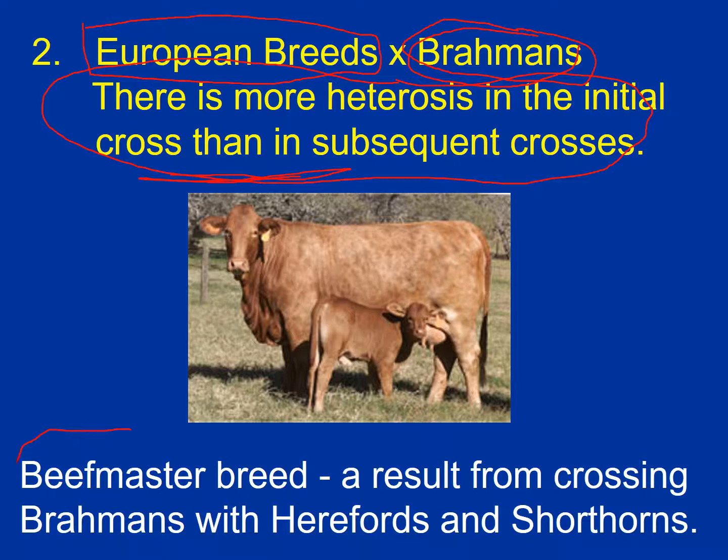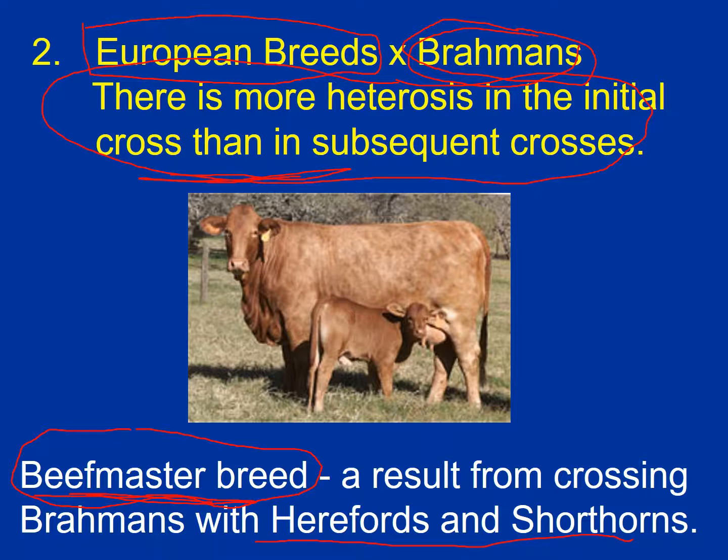So an interesting breed that was developed from crossing of Brahmans with Bos Taurus, temperate breeds, is the Beefmaster. The Beefmaster is a popular breed as you go further south in the United States. It was a result of crossing Brahmans with Herefords and Shorthorn.